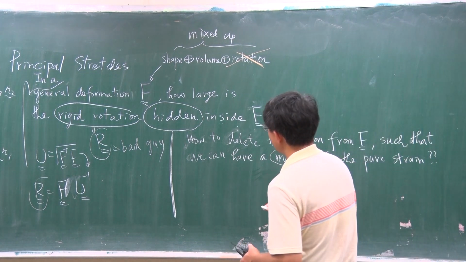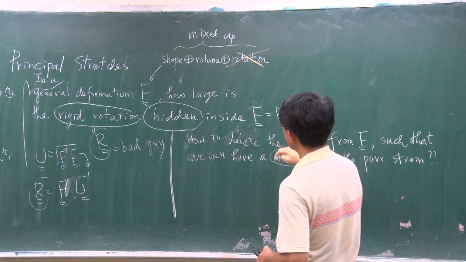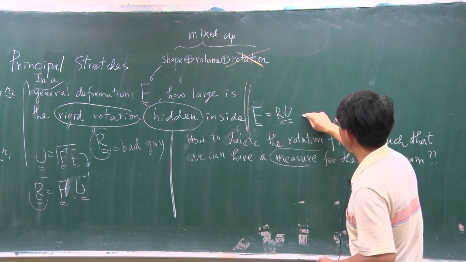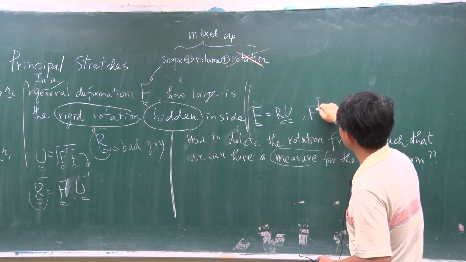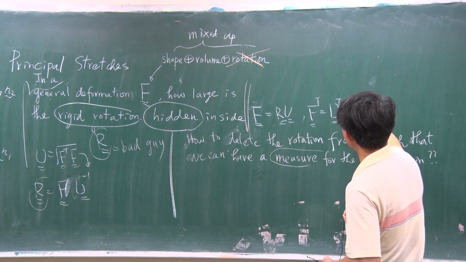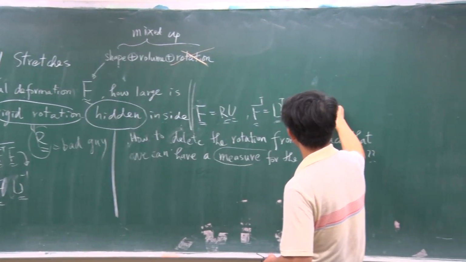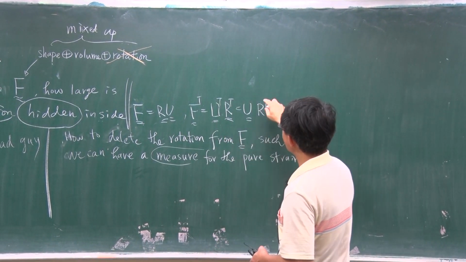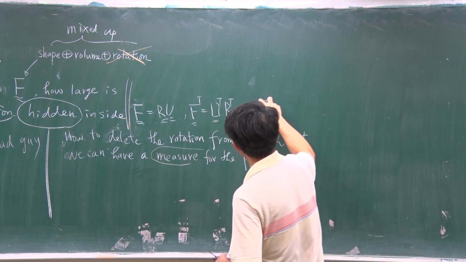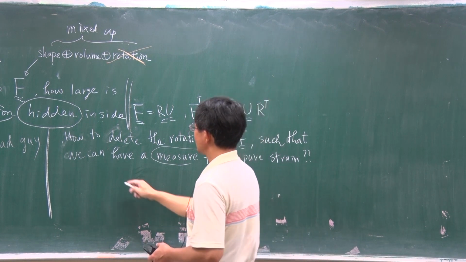Let us tell you how to do it. F equals RU, right? F equals RU, so F transpose equals U transpose R transpose, right? But U transpose is just U. And then R transpose multiplied by R, they will cancel out each other.